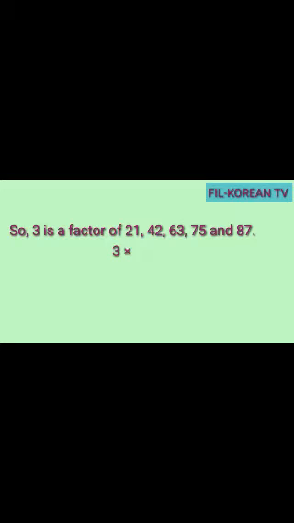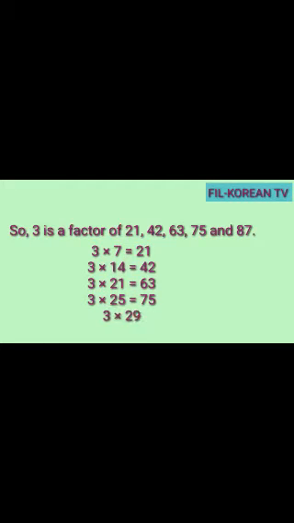Okay, tingnan natin. 3 times 7 equals 21. 3 times 14 equals 42. 3 times 21 equals 63. 3 times 25 equals 75. 3 times 29 equals 87. Ang 3 at ang number na katambal niya ay factors ng bawat given number.